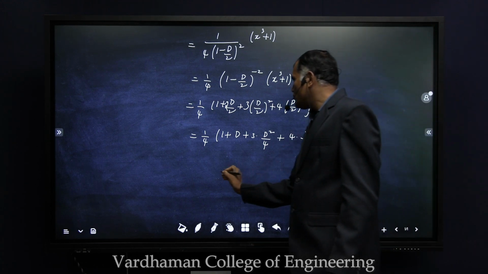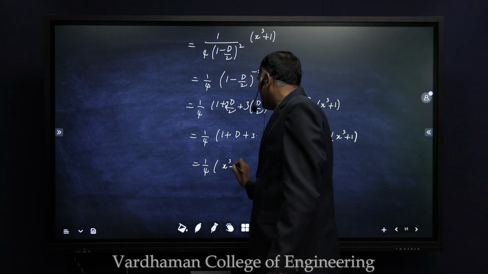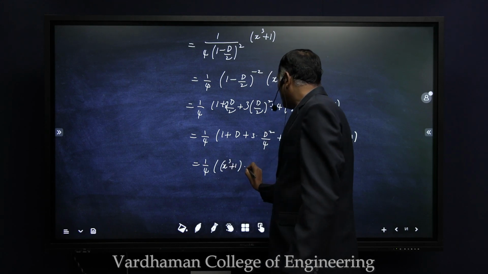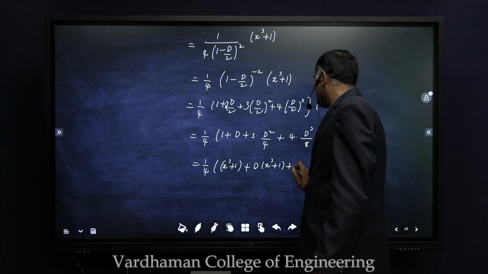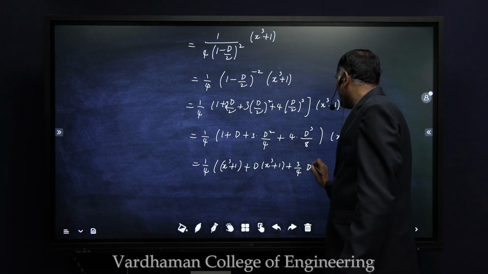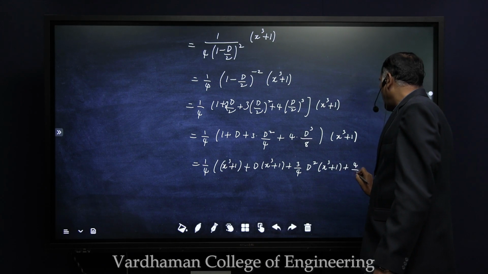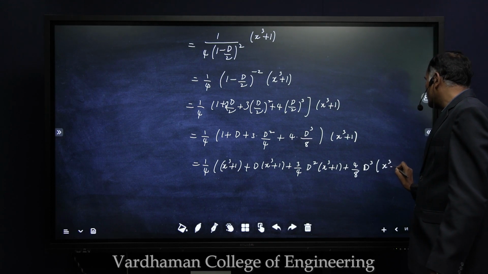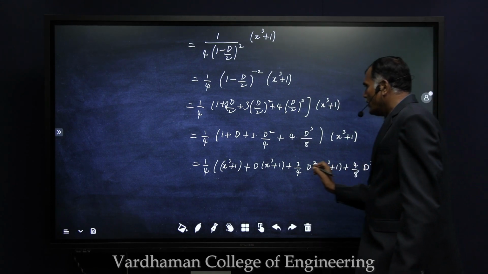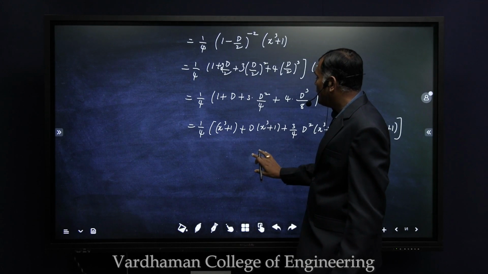Now let us simplify this. 1 by 4 times [(x cube plus 1) plus D of (x cube plus 1), plus 3 by 4 times D square of (x cube plus 1), plus 4 by 8 times D cube of (x cube plus 1)]. Let us simplify this.